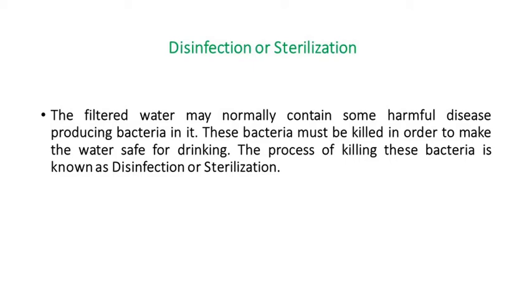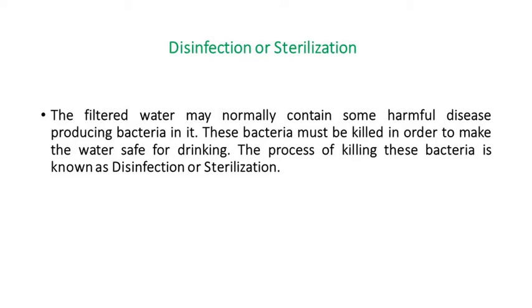Next, the second method is the boiling method, that is, nothing but boiling the water. Next, excess lime treatment, to add excessive lime to the water. Next, iodine and bromine, so we can add iodine and bromine tablets to the water.